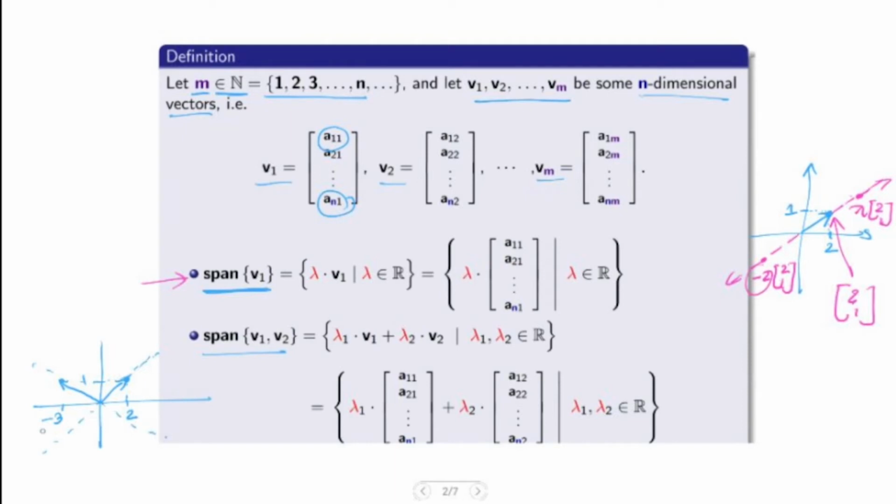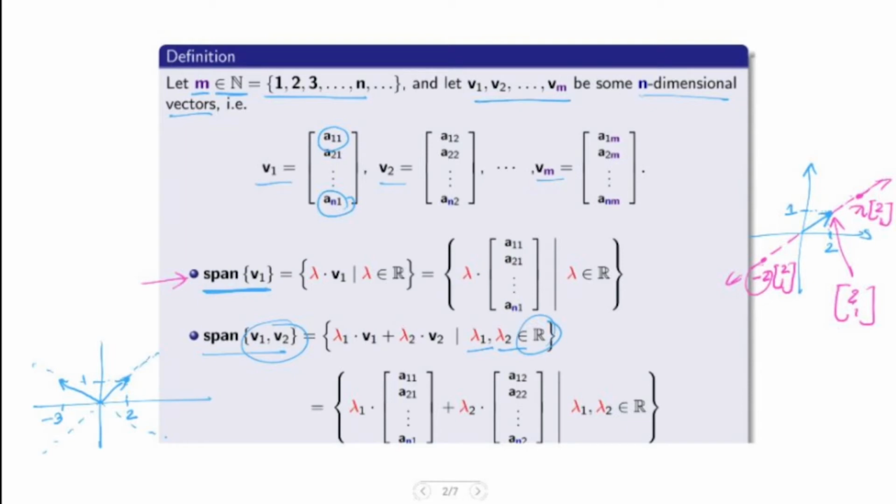This spans the area for the vectors v1 and v2, and lambda 1 and lambda 2 are real numbers.